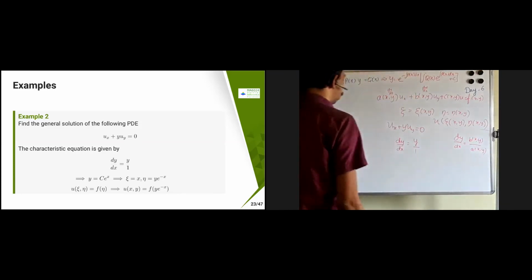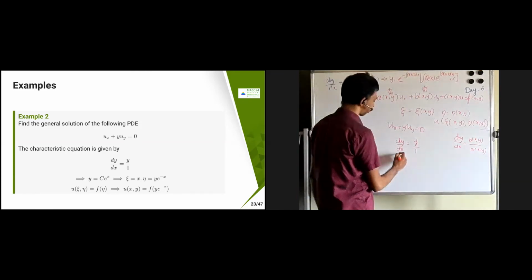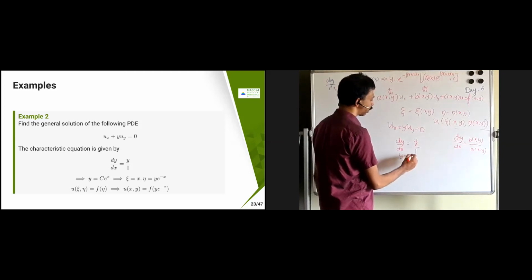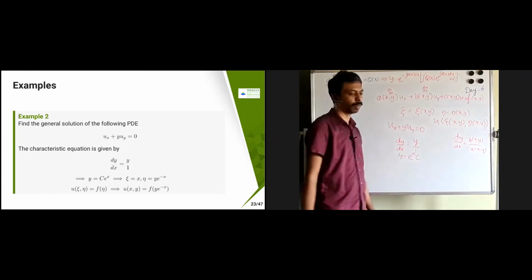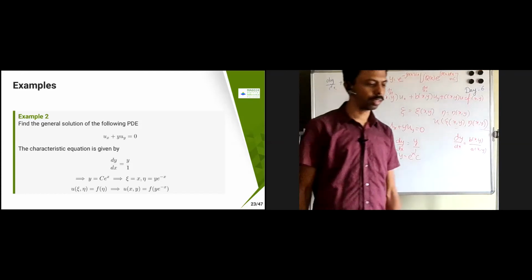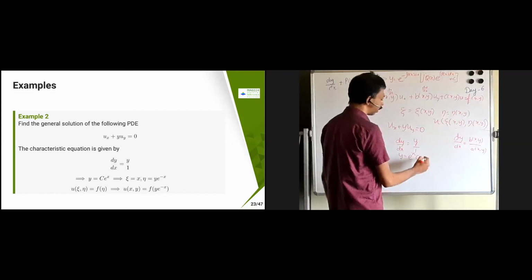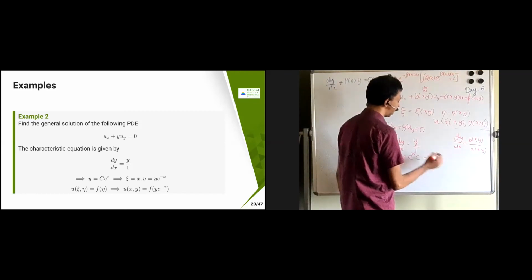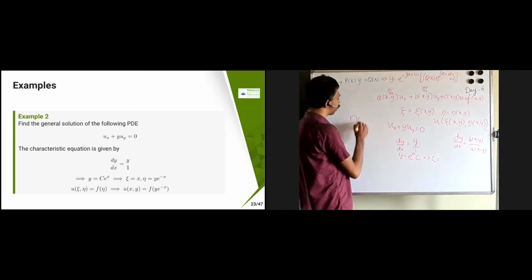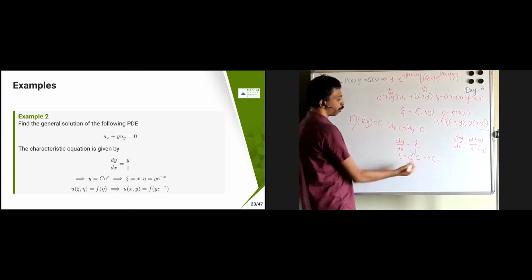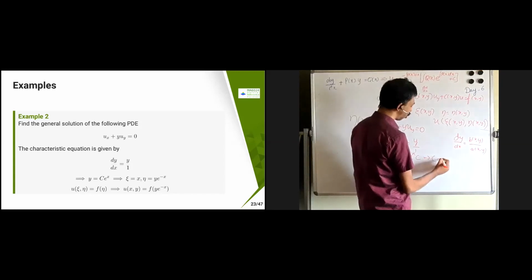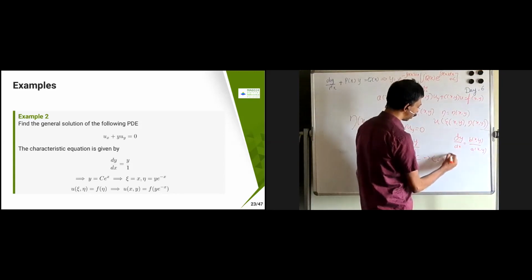So what is y then? y is e power x plus something, which I can write as c e power x. So c e power x is my y. That means I have to find the c only, right? Because in my chi of x comma y, I have to find chi of x comma y equal to c. The same c I'm going to use here. So c equal to e power minus x into y.